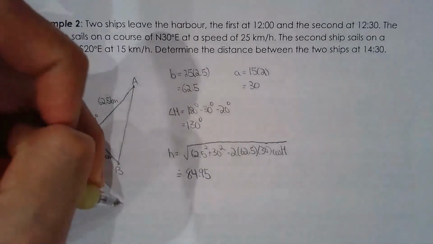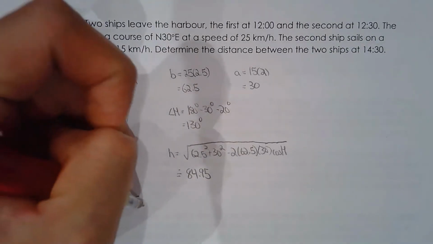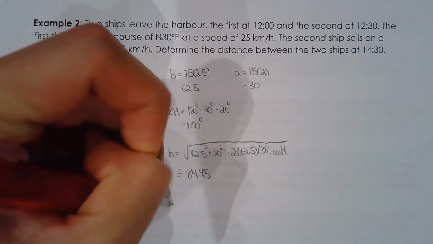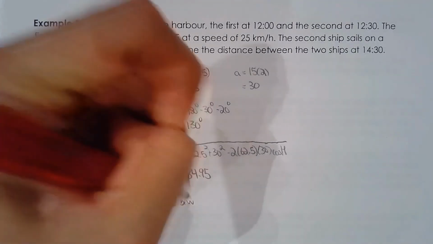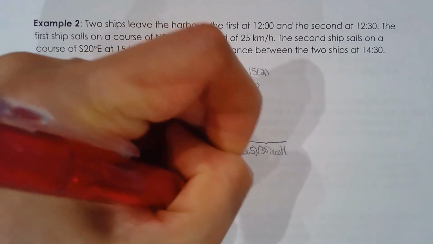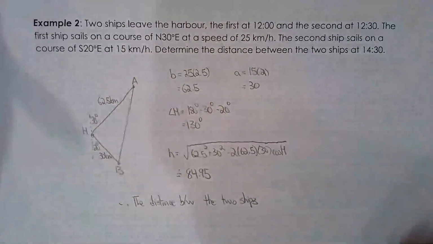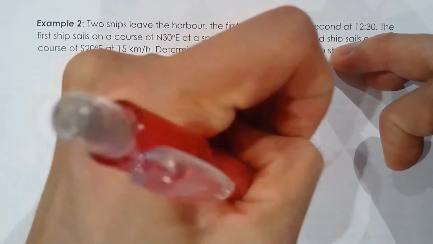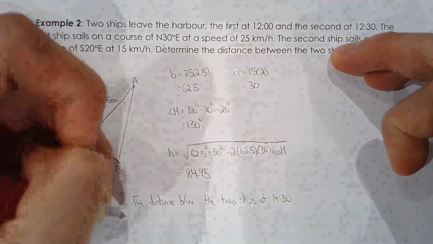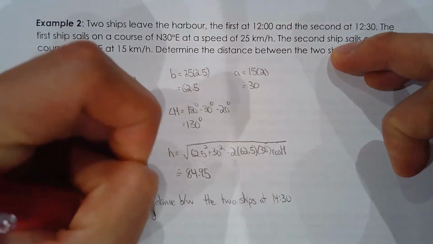Therefore, the distance between the two ships at 1430 is approximately 84.95 kilometers.